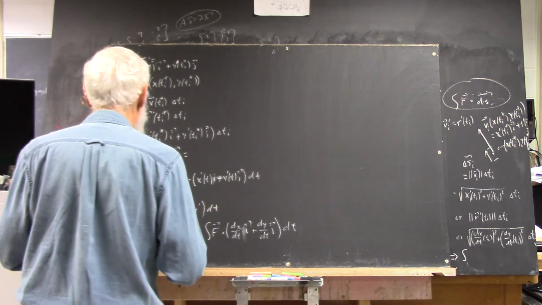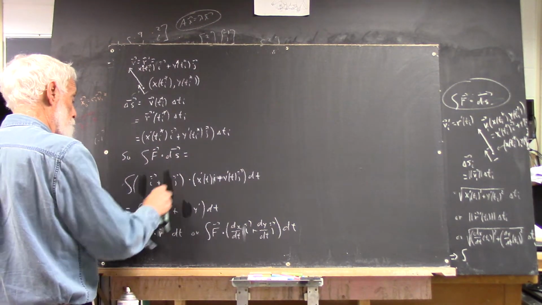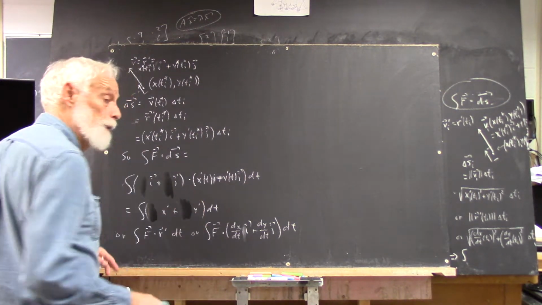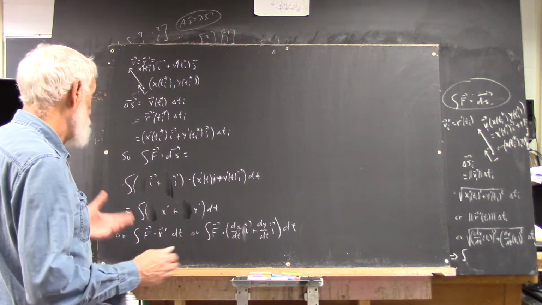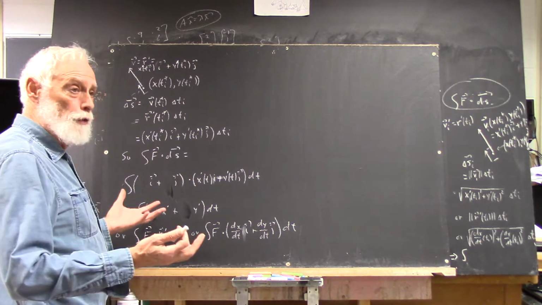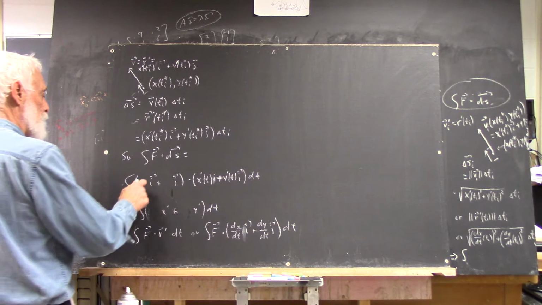Instead of using fx and fy to indicate x and y components, which makes perfectly good sense if you just keep track of the context and don't confuse that with x and y derivatives. But if you're a formula memorizer, you would, right? And everybody's a formula memorizer. Everybody memorizes formulas, okay? Just trying to get you away from dependence.